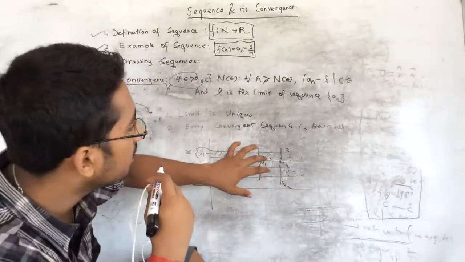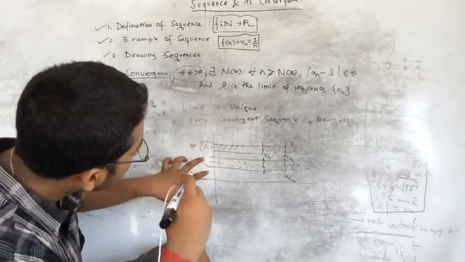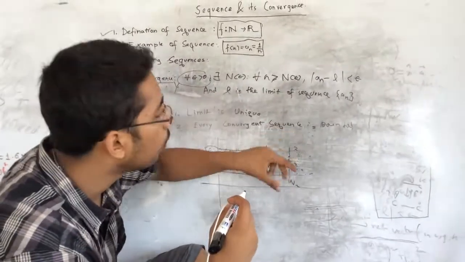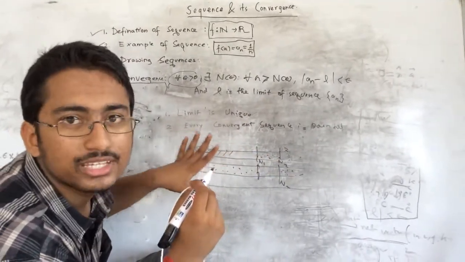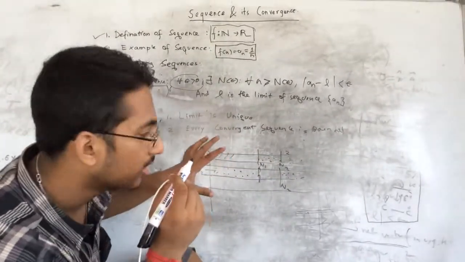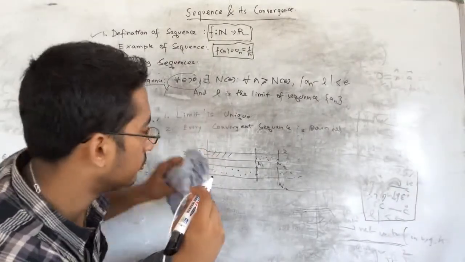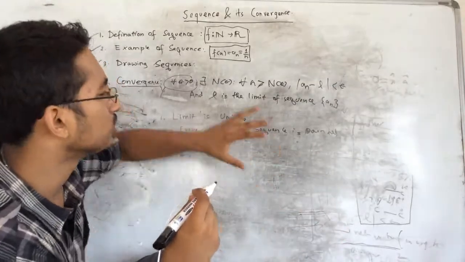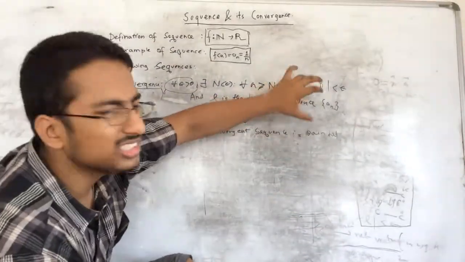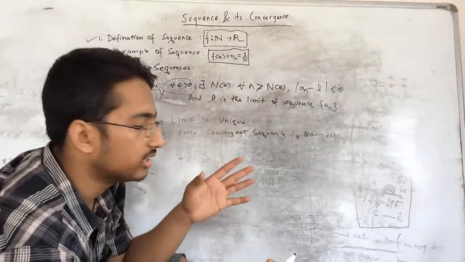So it's a contradiction, right? And both are disjoint, so it cannot happen. A sequence has a unique limit, and it's beautiful, right? It's actually intuitive. And this is the same thing put into mathematical form with those epsilons and modulus signs. You get to understand.